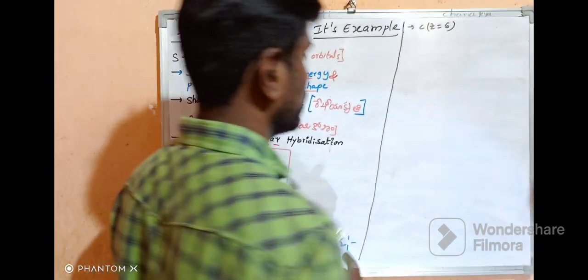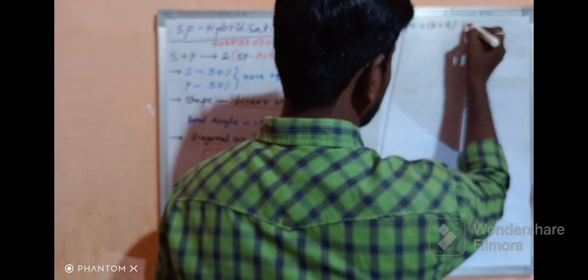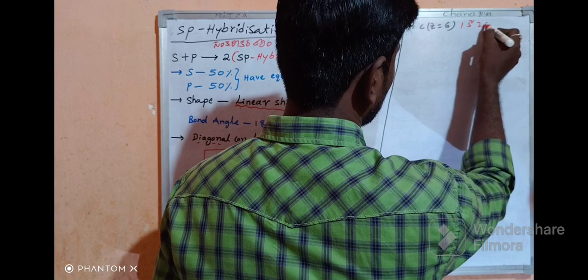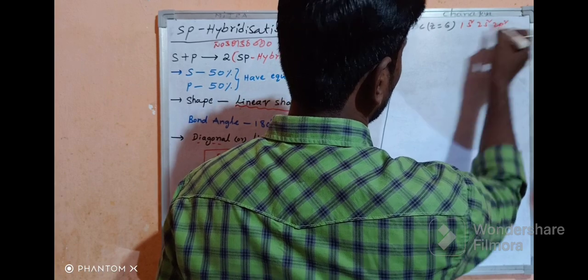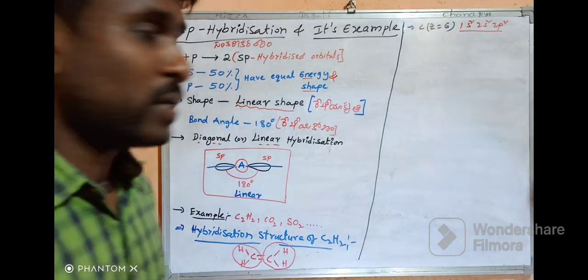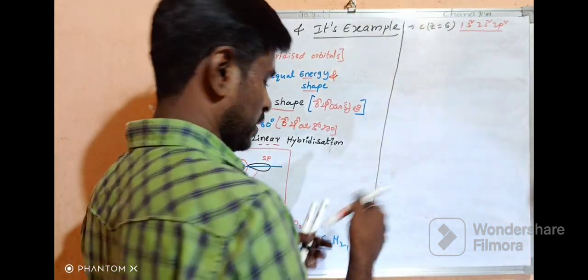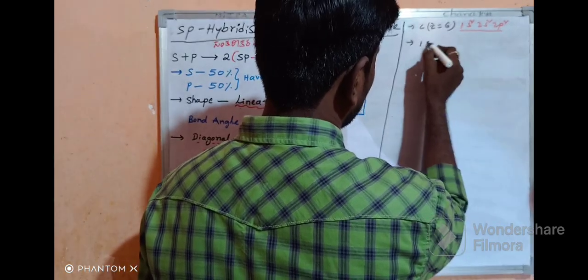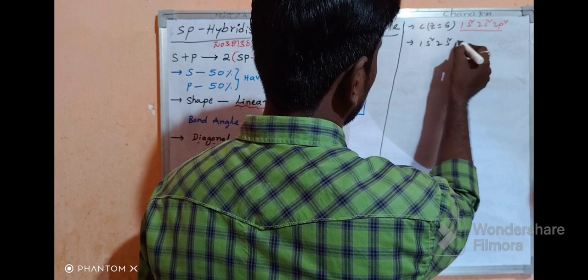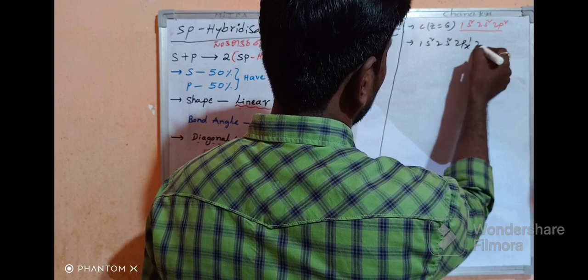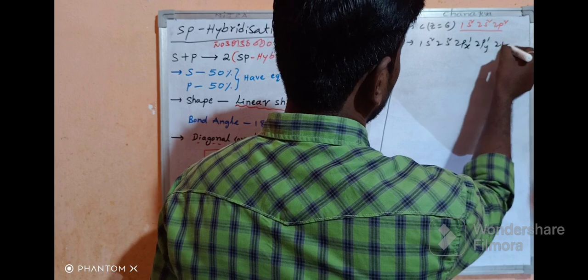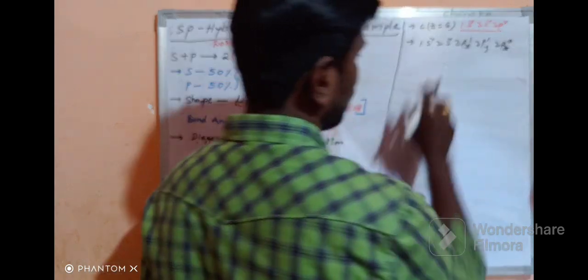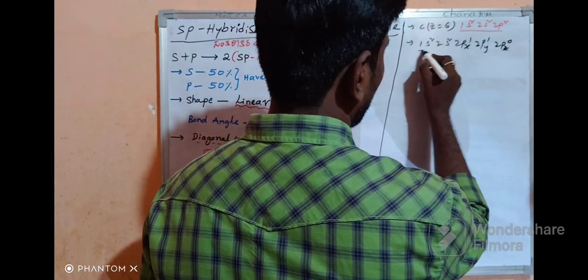The general electronic configuration of carbon is 1s2, 2s2, 2p2. Writing this clearly: 1s2, 2s2, 2px1, 2py1, 2pz0.